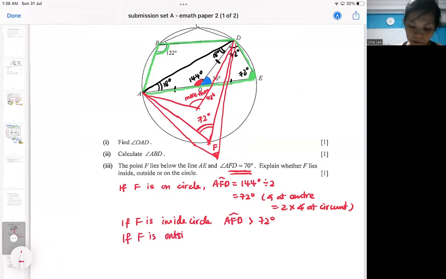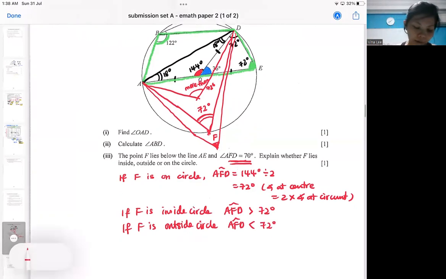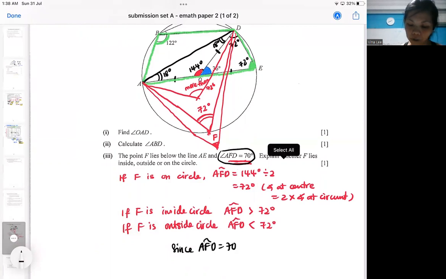If it's outside the circle, you paint the different situation, it should be less than 72. That means 72 is your benchmark for explanation. Then you finally conclude, since it is a 70, which is supposed to be less than 72, it's supposed to be outside the circle.